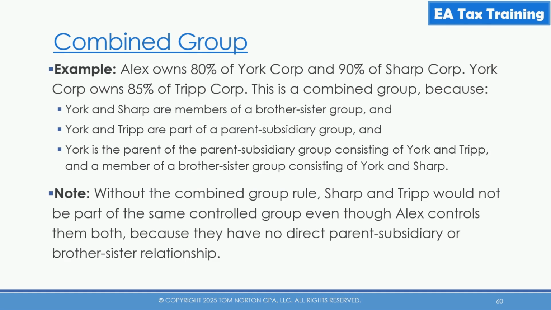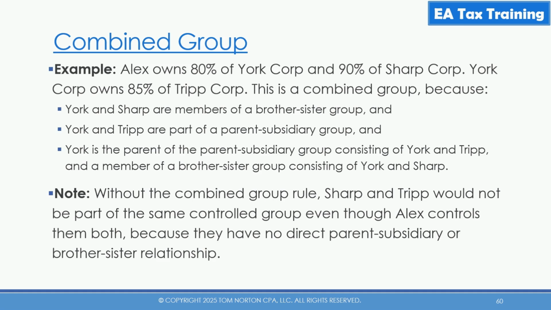So each of these corporations is a member of either a brother-sister group or a parent subsidiary group. And York is the parent of the parent subsidiary group and a member of a brother-sister group. So that's the other criteria. One of the companies has to be the parent of a parent subsidiary group and a member of the brother-sister group. So York qualifies for that. So that is a combined group.